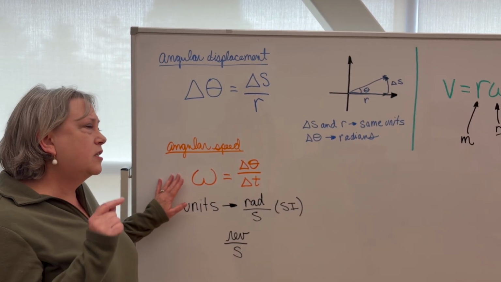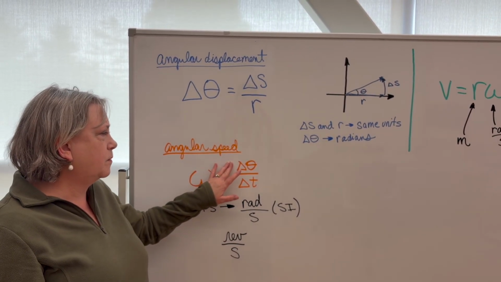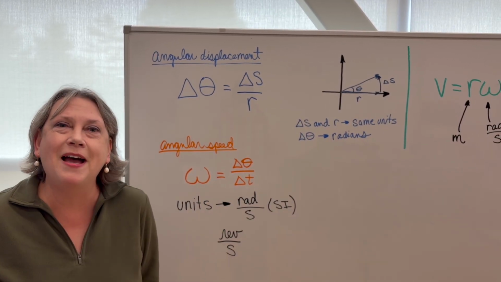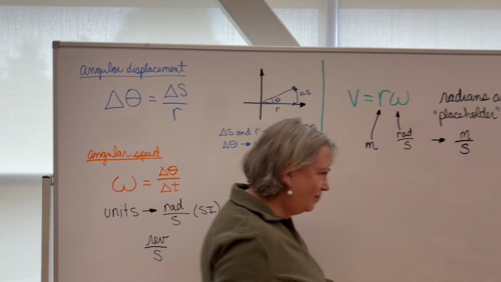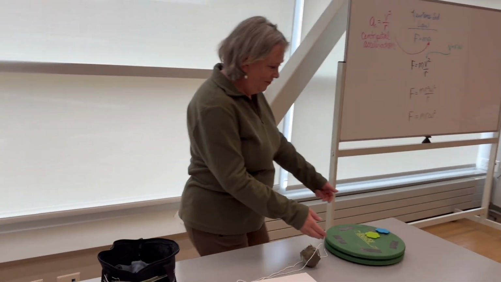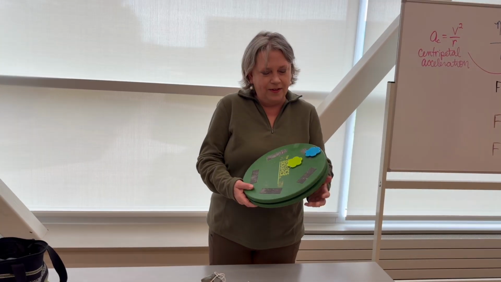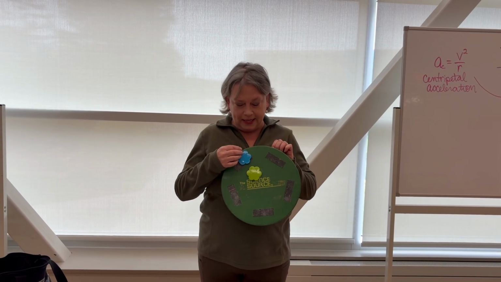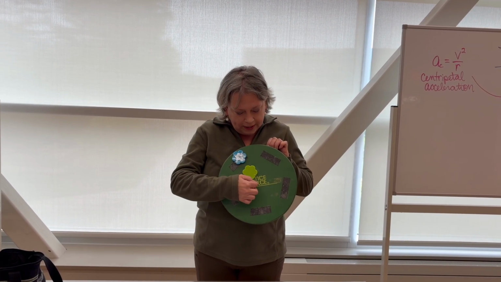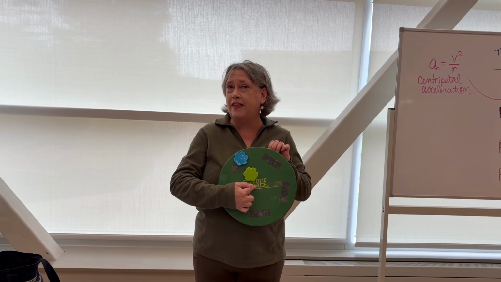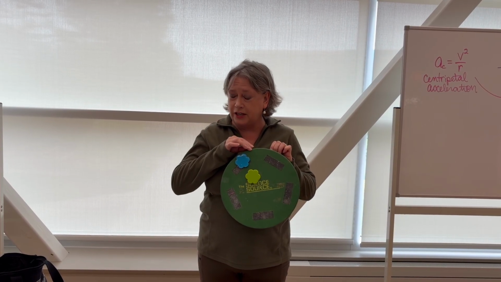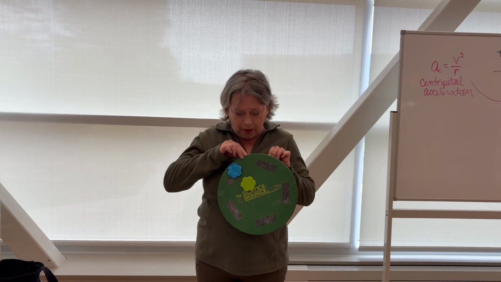So angular speed is angular displacement divided by time. Let's go back to my turntable. I have taped two of my little flower chips to this. One is closer to the center of the circle, which would be my axis of rotation, and one is further away.